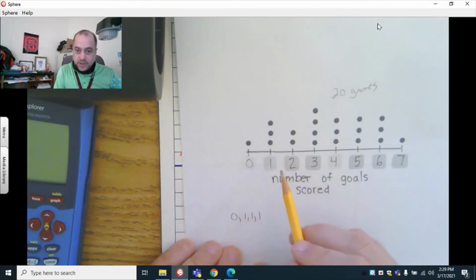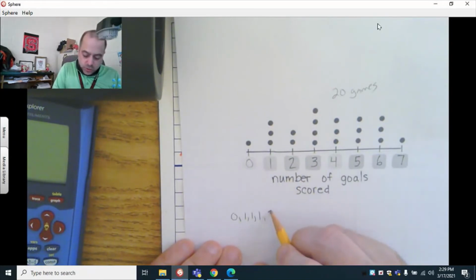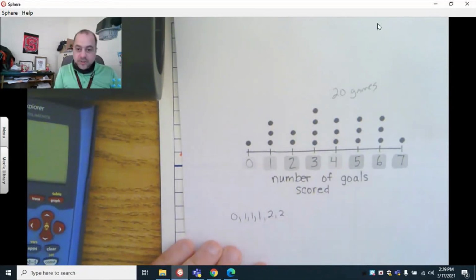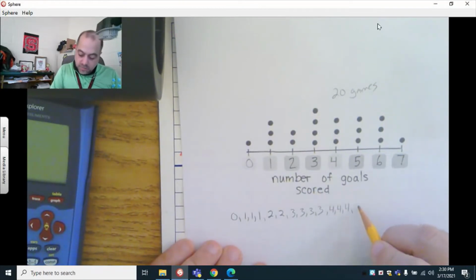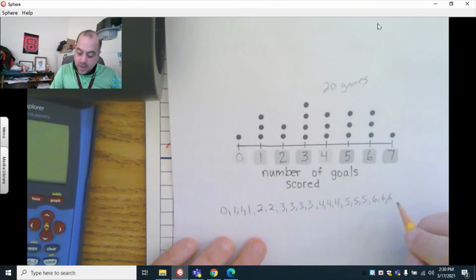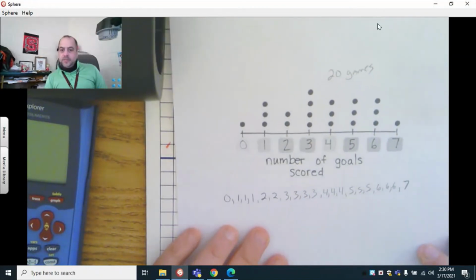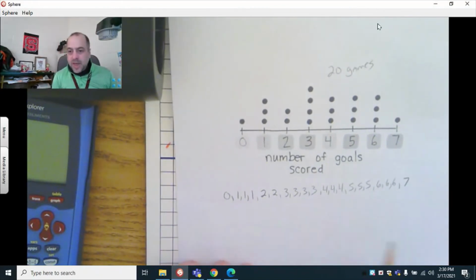They scored 2 goals in 2 different games. 3 goals in 4 games. And then there's 3 4s, 3 5s, 3 6s, and 1 7. So that's the list. They played 20 games, and that's how many goals they scored.